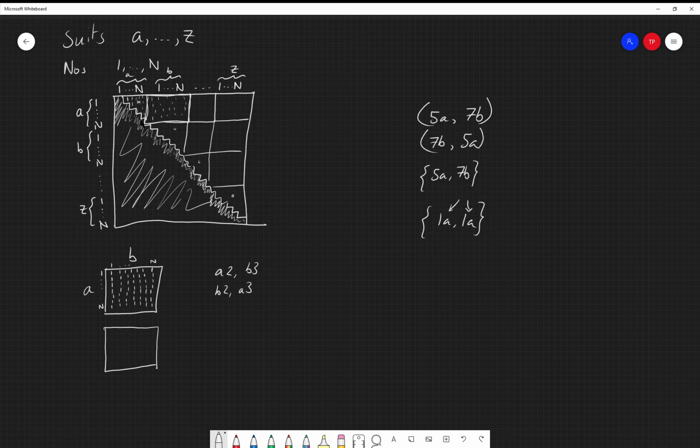Everything that was on this lower portion, we will just copy and add over to the corresponding location. So say here we have AN B1. Well, now we're going to add that to A1 BN. So this would become a 2.